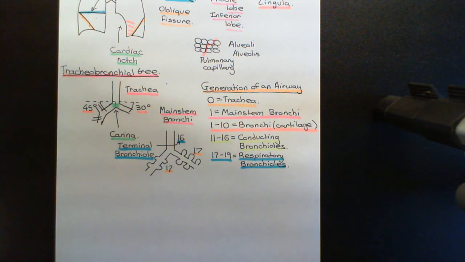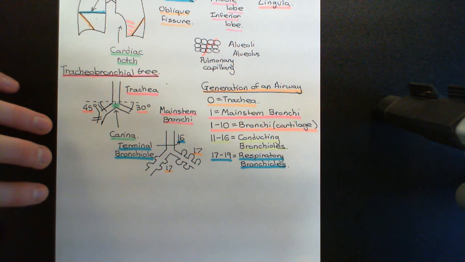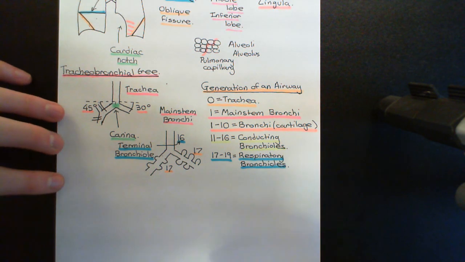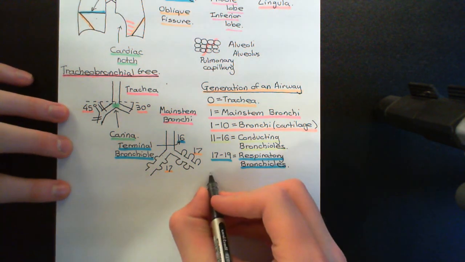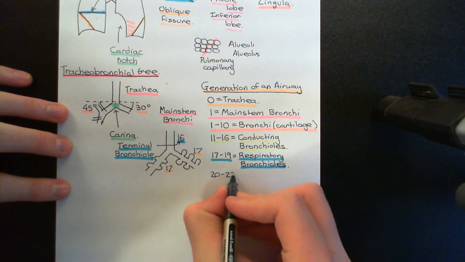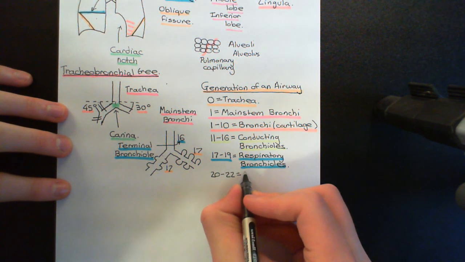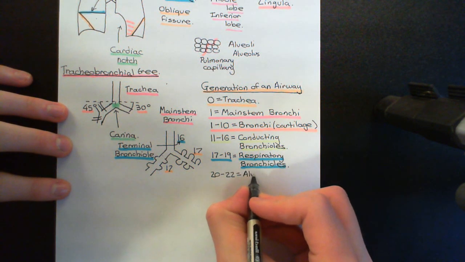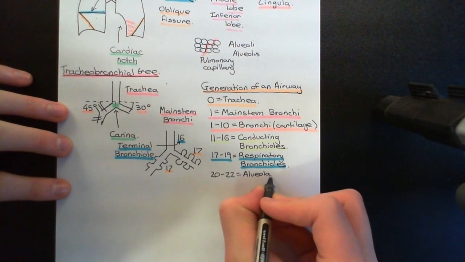And they just really have an epithelium. But we'll discuss that when we come on to the histology later on. Okay, so generation 17 to 19, those are the respiratory bronchioles. Finally, or well, not quite finally, generation 20 to 22 are no longer called bronchioles. These are now called alveolar ducts. So what's happened to these ones?